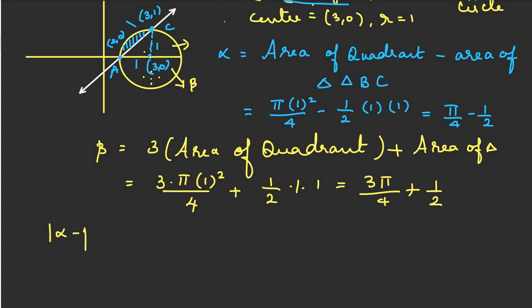Find the difference alpha minus beta, which is 3 pi by 4 plus 1 by 2 minus pi by 4 minus 1 by 2.